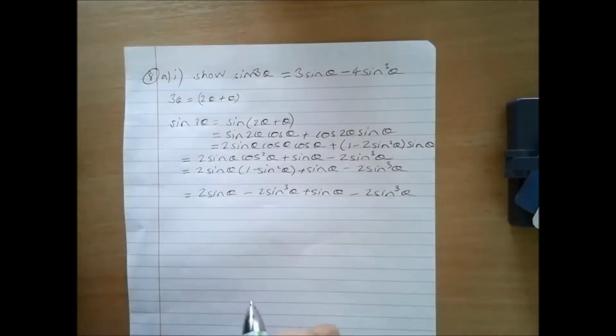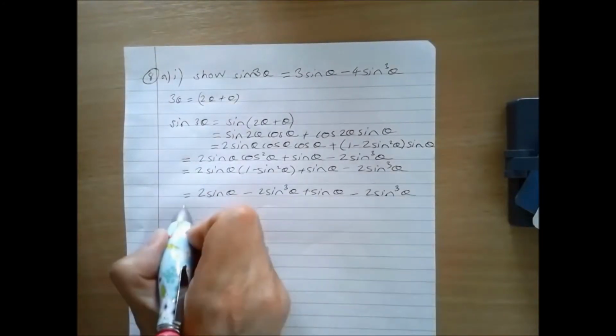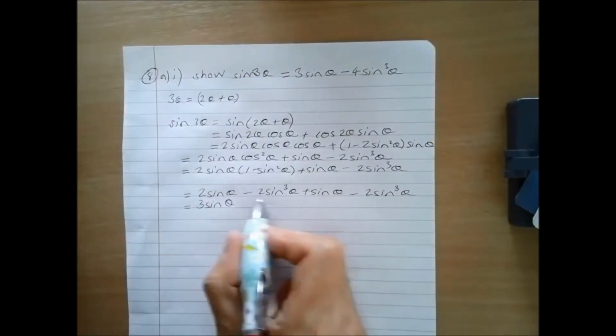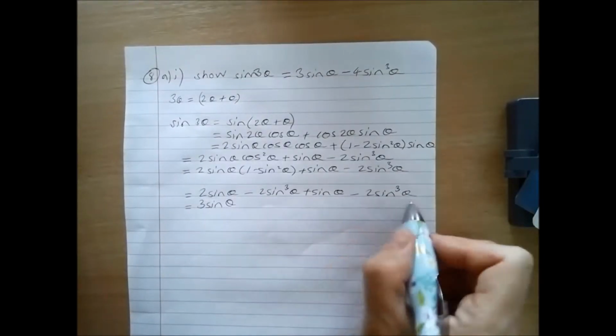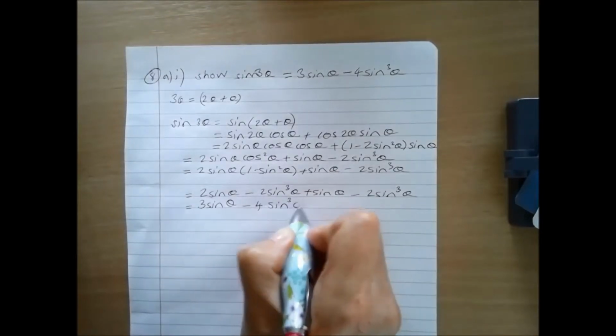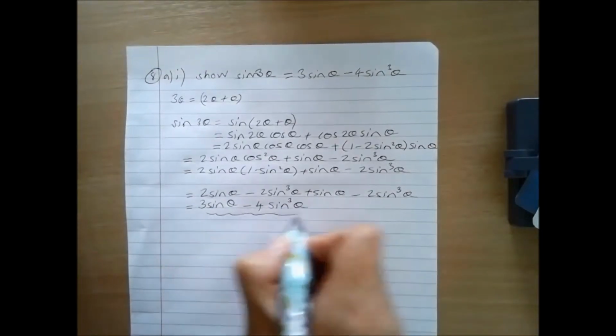And then simplify. So I've got 2 sine theta plus another one, 3 sine theta, minus 2 sine cubed theta, minus another 2 sine cubed theta, so minus 4 sine cubed theta. Dun dun dun! Show.